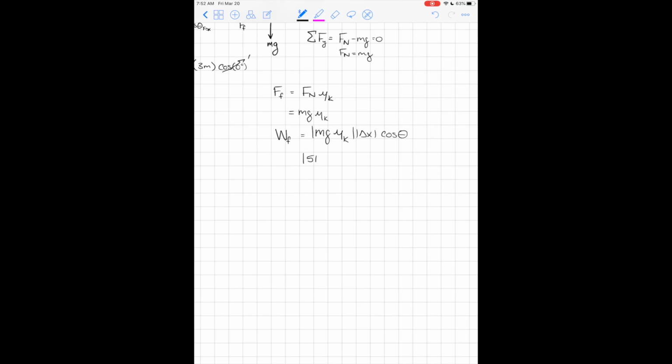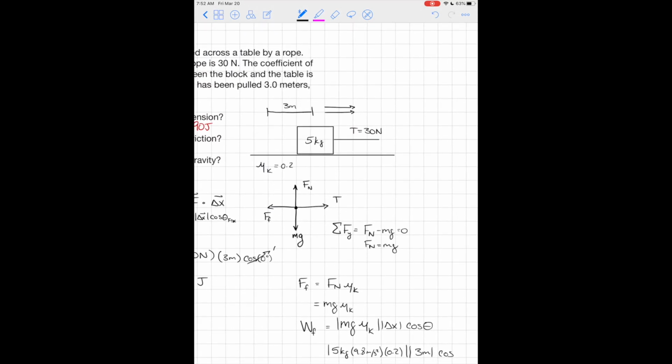Plugging in some numbers, 5 kilograms, 9.8 meters per second squared, times 0.2, times 3 meters, times cosine. Well, let's look at our arrows here. If I think about my displacement vector, I am moving this way. If I think about the direction of friction, though, it's moving this way. So what's the angle between these two vectors?